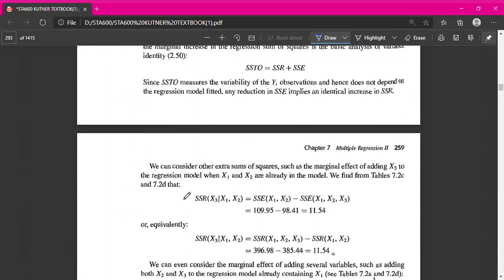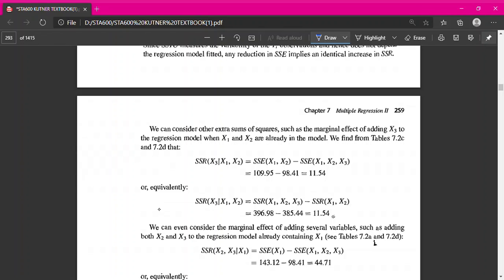Okay, let's see pula kalau yang ni pula. Okay, this one is also extra sum of square, kan? X3 given X1 X2. So, ini adalah the value yang kita akan dapat di sini is the extra sum of square when we added X3 into the model while X1 and X2 is already in the model.